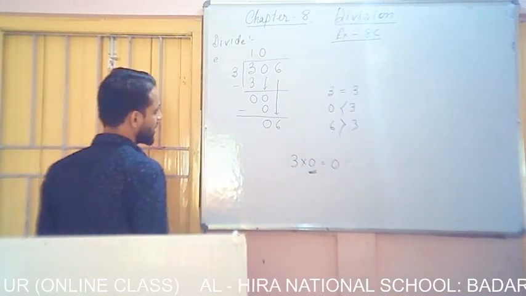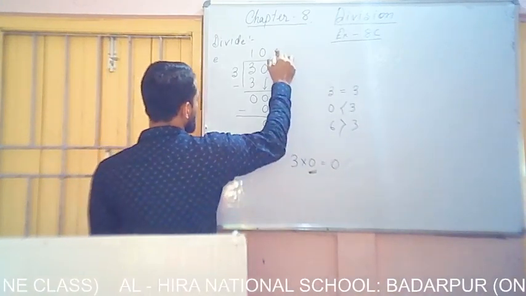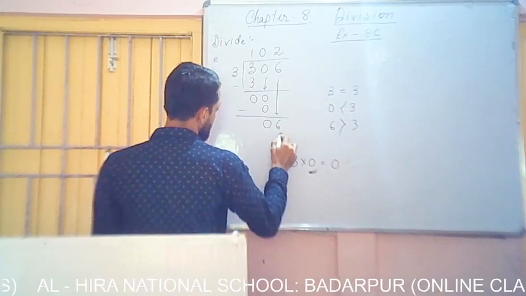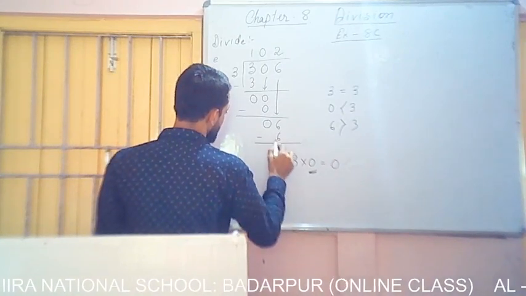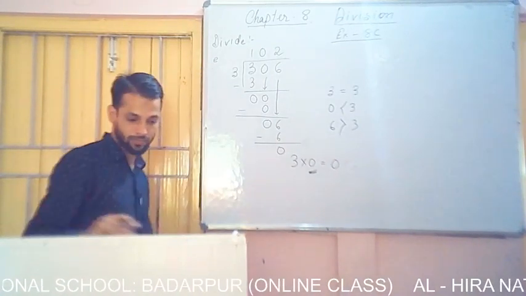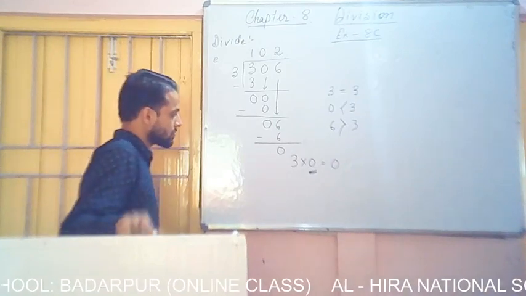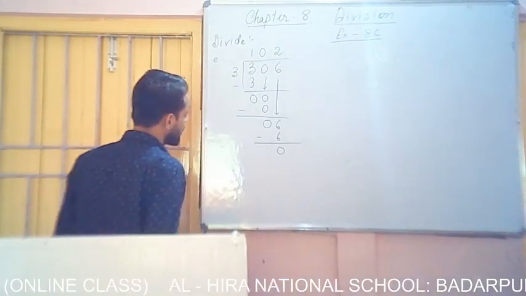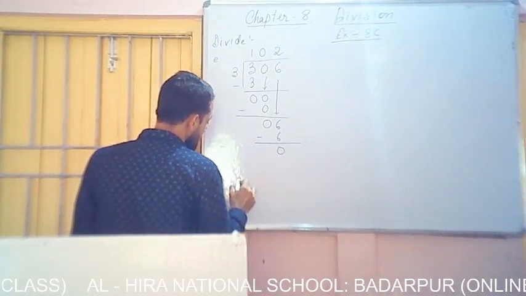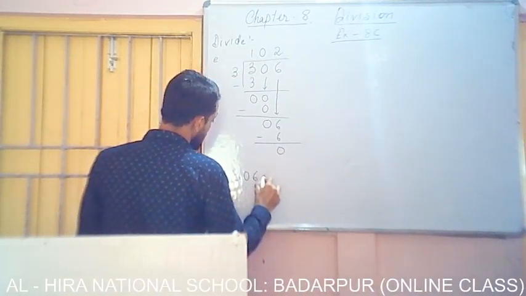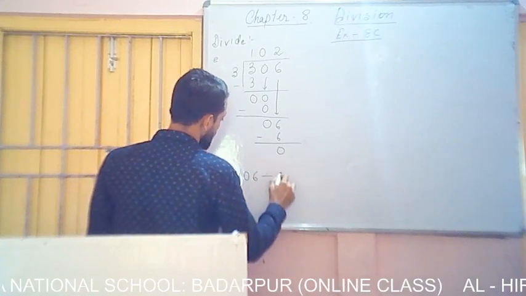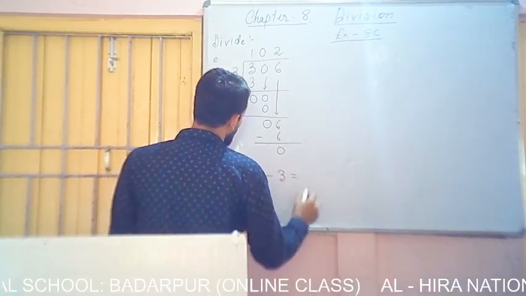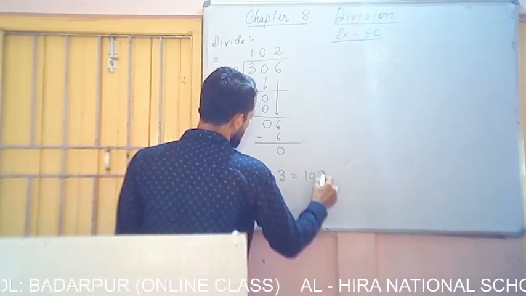Now as 6 is greater than 3, we have to follow the 3 table. 3 twos are 6. Now 6 minus 6 equals 0. Now what to write? Dividend divided by divisor equals 102.